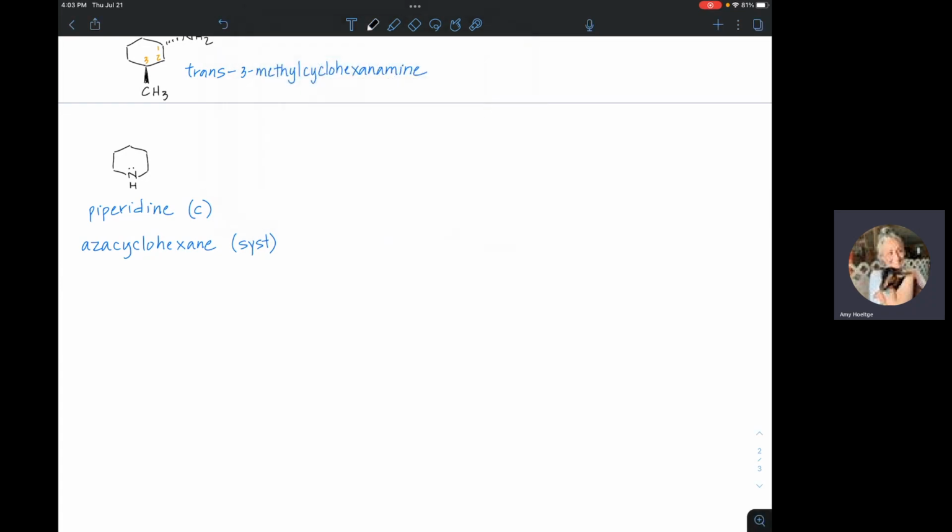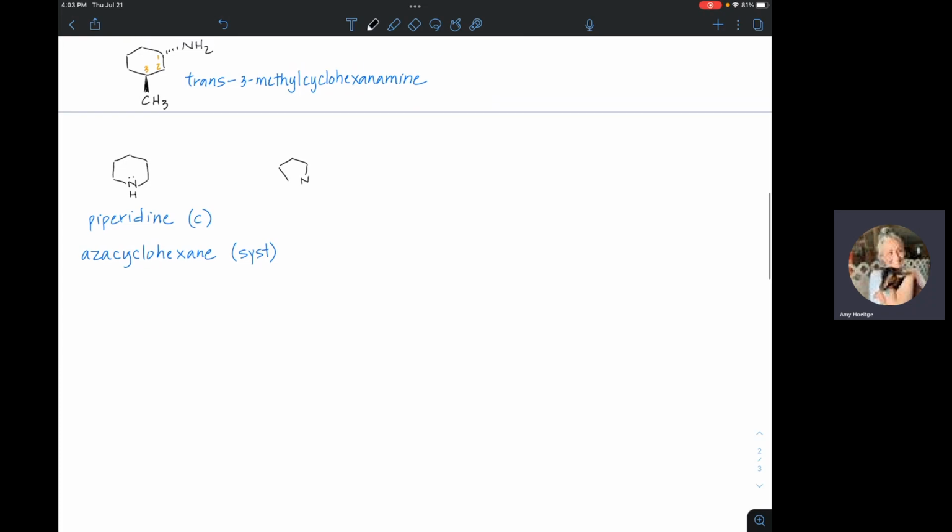I'm going to give you 4 examples because these are really common in the lab. We've got a 5-membered ring that can contain the nitrogen. And that thing is bonded to a hydrogen. We typically just write the hydrogen sort of floating in space next to the nitrogen. You can draw a bond to that if you like.